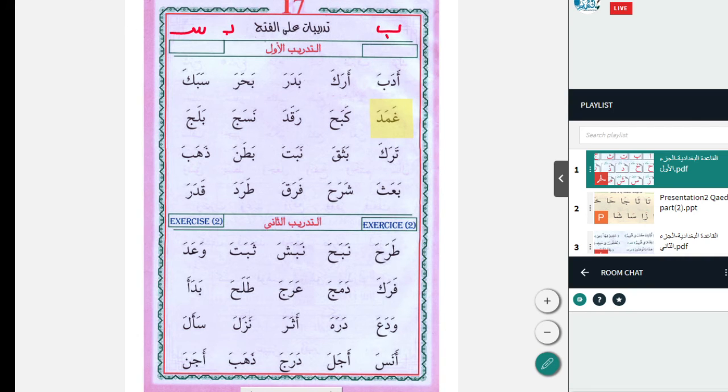And next to ra is this one with a circle below, only one circle below. Right. It's ma. So, ra, ma, da. Ra, ma, da. غمد. غمد.